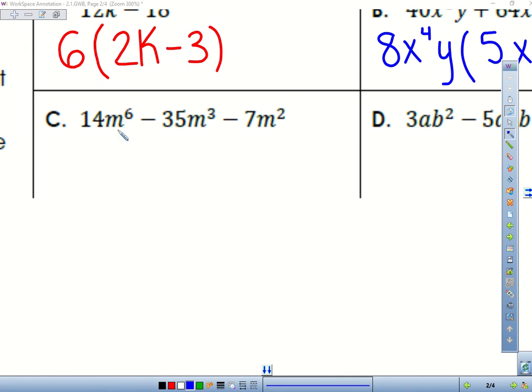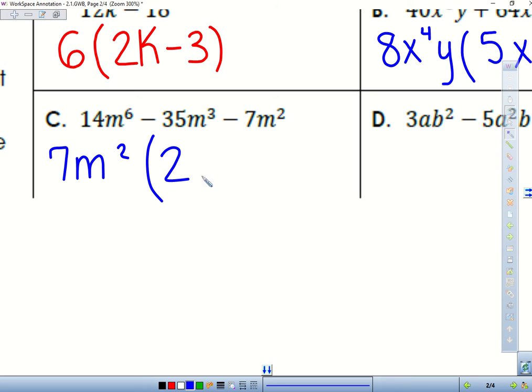So here, what's the biggest number that I can divide each of these numbers by? 7. And what's the most m's that I can take out? 2. Good. So that leaves me with what? 2 to the 4th, good, minus 5, uh-huh, to the 1st, good, minus 1.